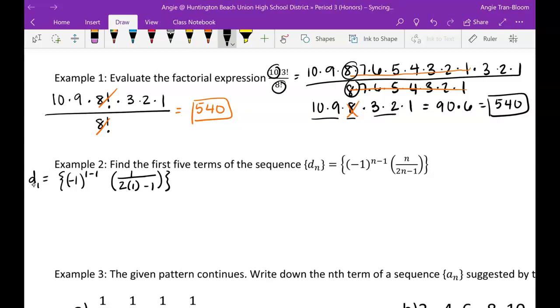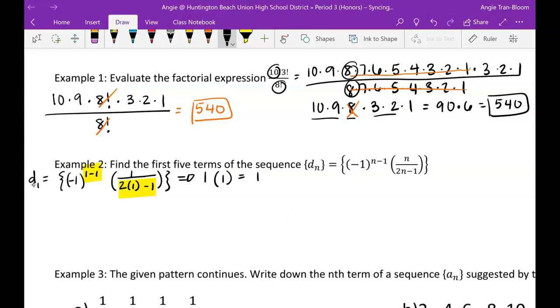So the exponent is 1 minus 1, which is 0. Any number raised to the 0 power is 1. Times the quantity on the bottom, that's going to give me 1. 1 divided by 1 is 1. So my very first term is 1.